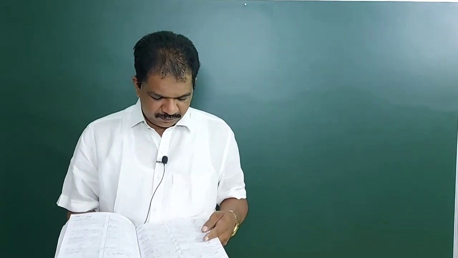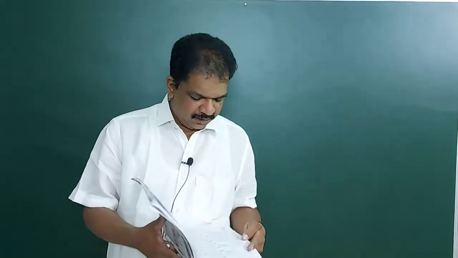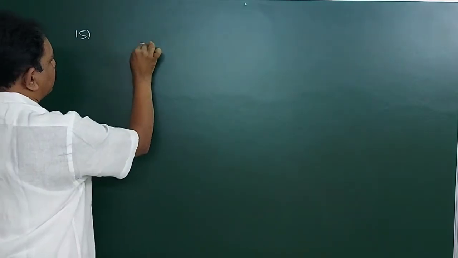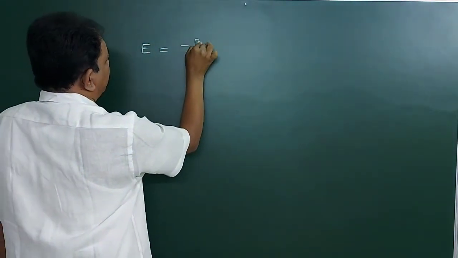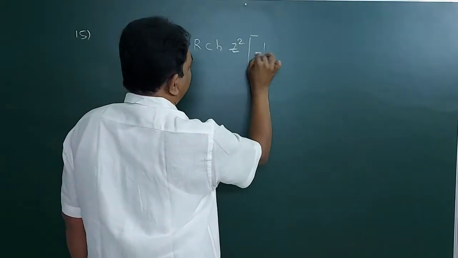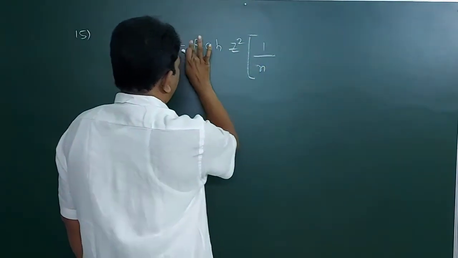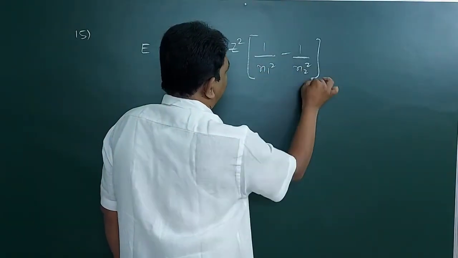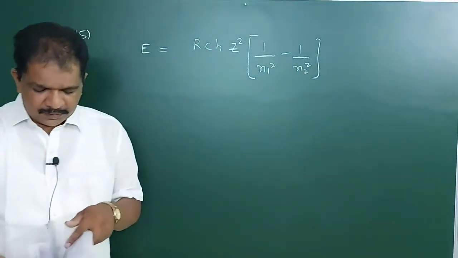Then what is the formula for energy? E is equal to minus RCH Z square into 1 by N1 square minus 1 by N2 square.